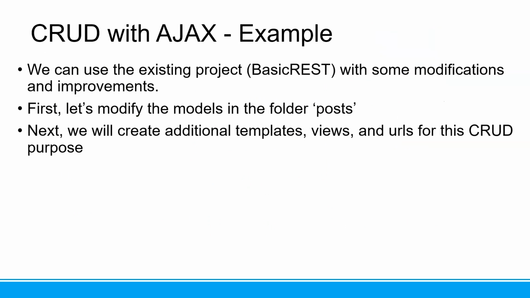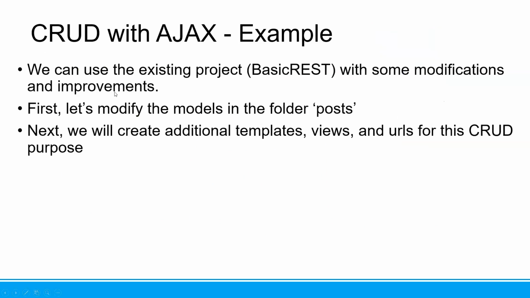With the Ajax, we can just try a simple example. Let's use the basic REST. And I will try to modify something and improve something so we can make some more complex examples, so you can have the idea how we can use JavaScript to do the code.